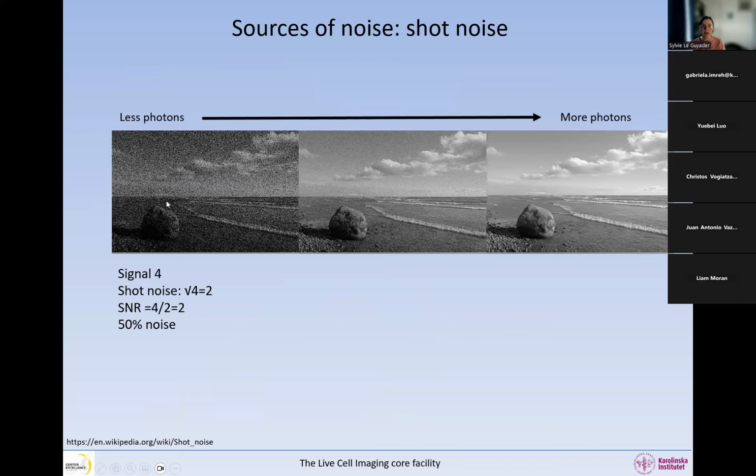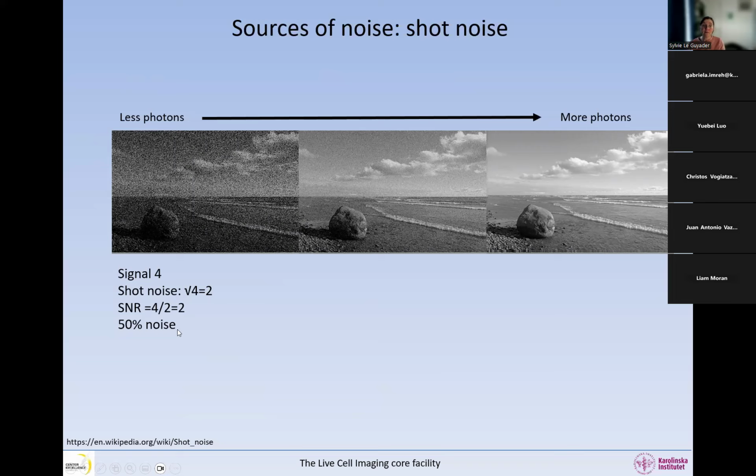In this image, let's say we have a very dim signal of 4. It's just theoretical. So the brightness in the area that we are measuring is 4. Now the shot noise is going to be the square root of 4, so 2. And therefore, the signal to noise ratio is going to be 4 divided by 2.